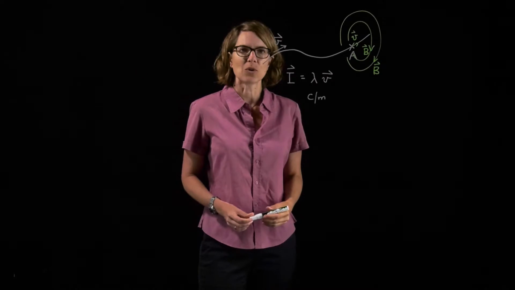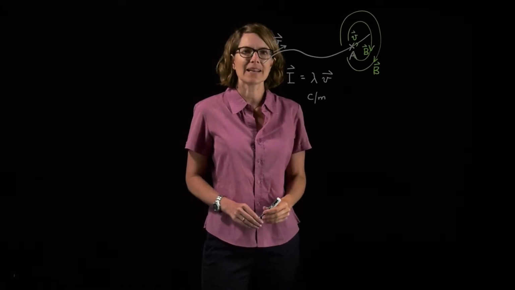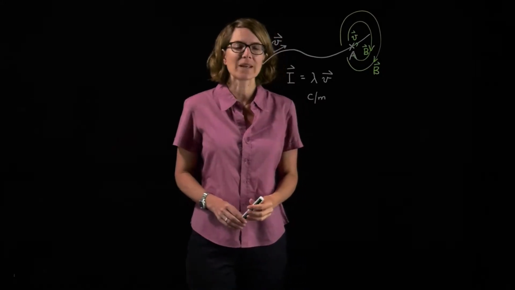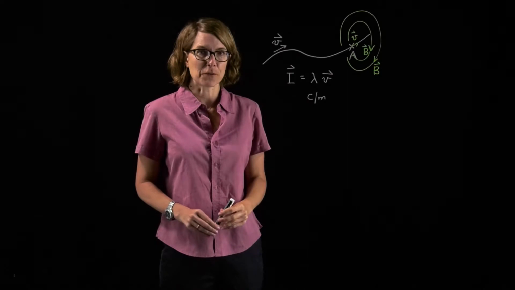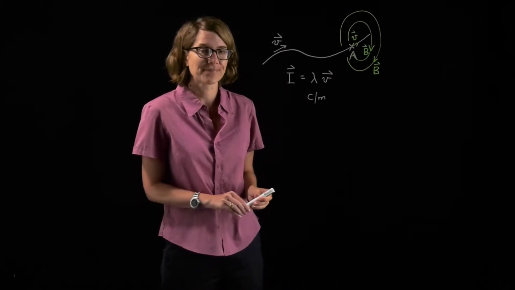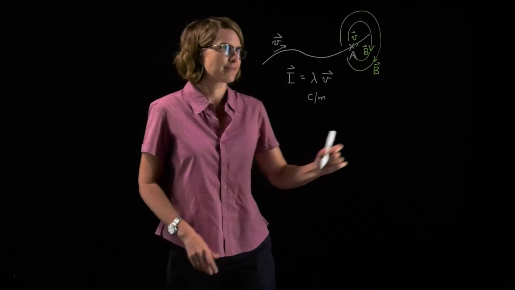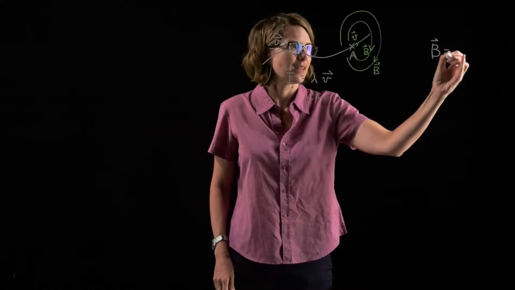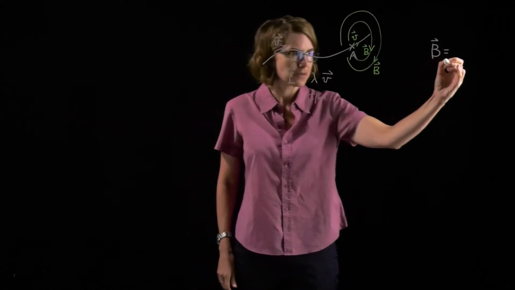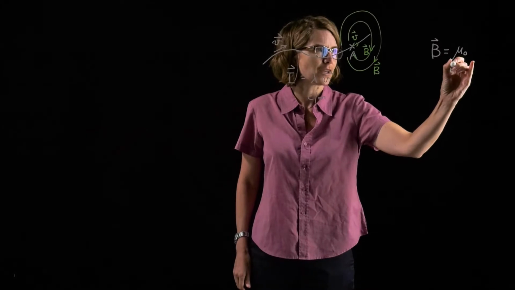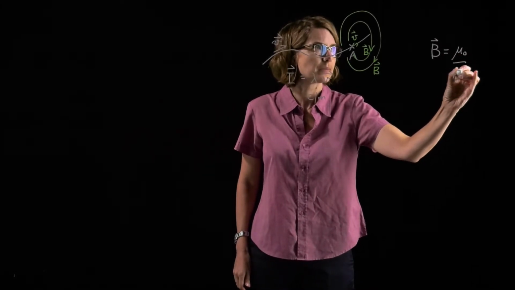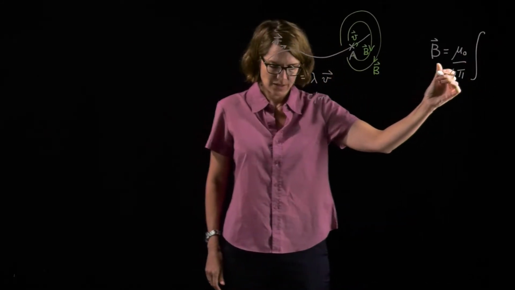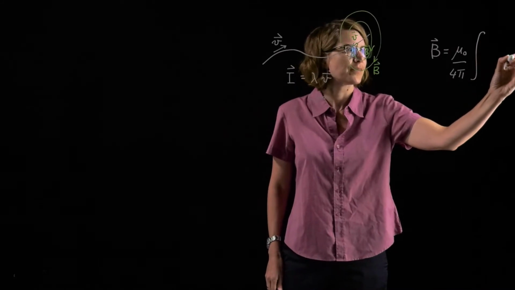Now, the Biot-Savart Law gives us the magnetic field in Teslas at a point some distance from the source of the magnetic field. Here's the expression. The magnetic field is equal to some constants, vacuum permeability divided by 4 pi. Now we're going to integrate over the current.